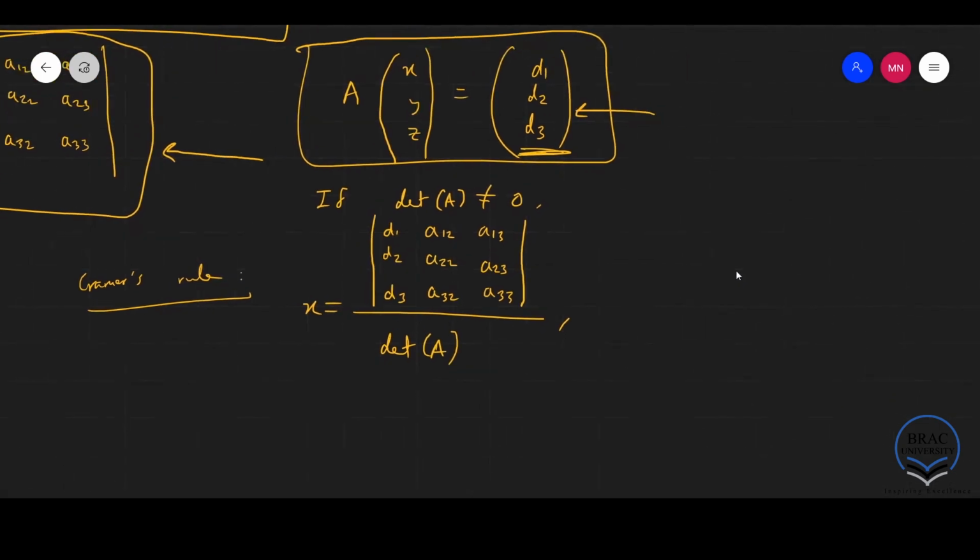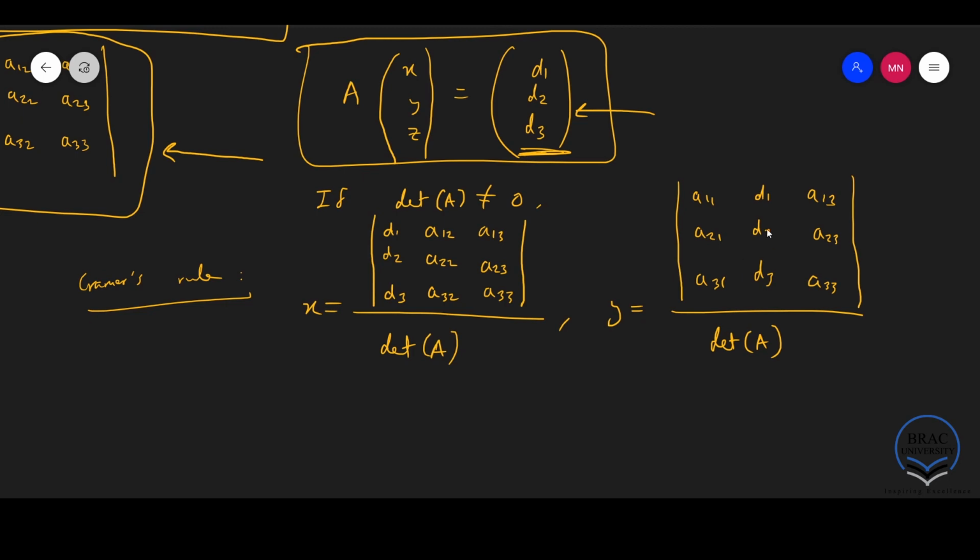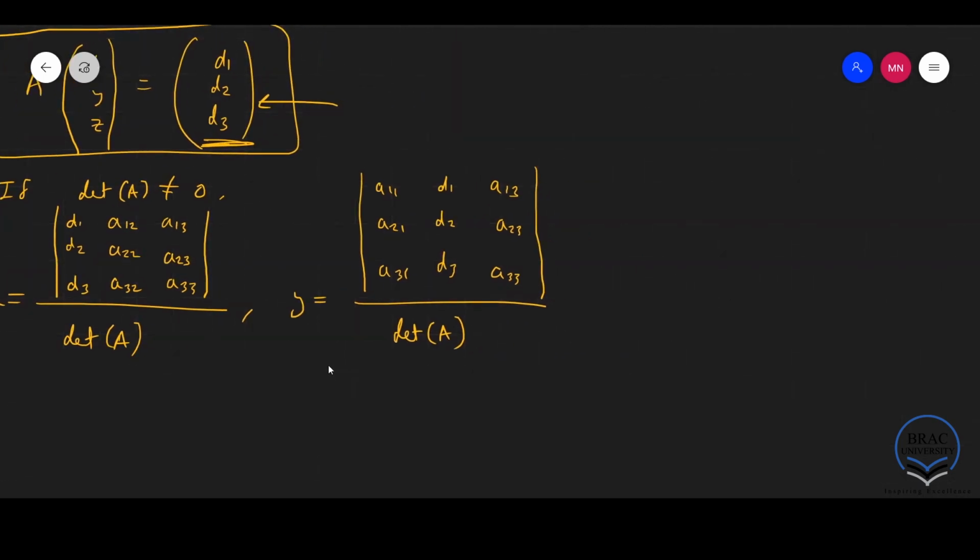Similarly for y, in the denominator we once again have the determinant of A, and in the numerator this time we replace the second column with d1, d2, d3, and the first column will just be as usual a11, a21, a31, and the third column is also the same, a13, a23, a33. And finally for z, we will also have the determinant of A in the denominator, and in the numerator we replace the third column.